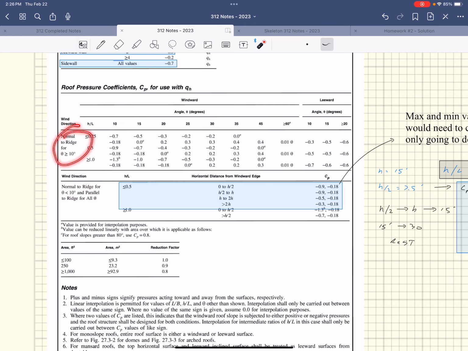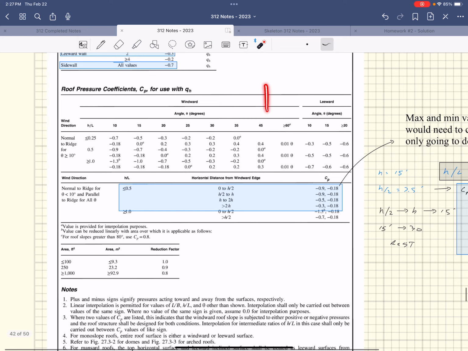This is talking about if you had a roof that looks like this, so this would be normal to the ridge if the wind was coming this way, versus if our structure looks like this and we're blowing this direction onto it, what that CP value would be. In our case, it's just flat, right?